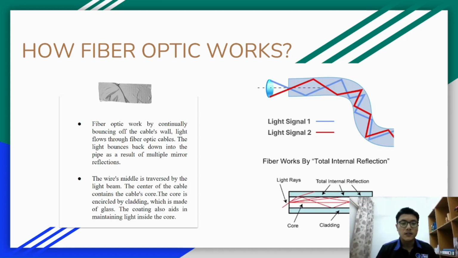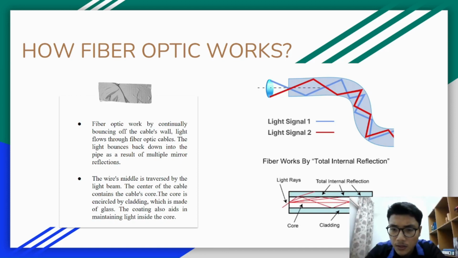The coating also aids in maintaining light inside the core. As we can see in the image, the light is transferred in the cable, bouncing inside by reflection in the core. This is called total internal reflection: light signal 1 is being transferred and also light signal 2, and both lights bounce inside the optic.